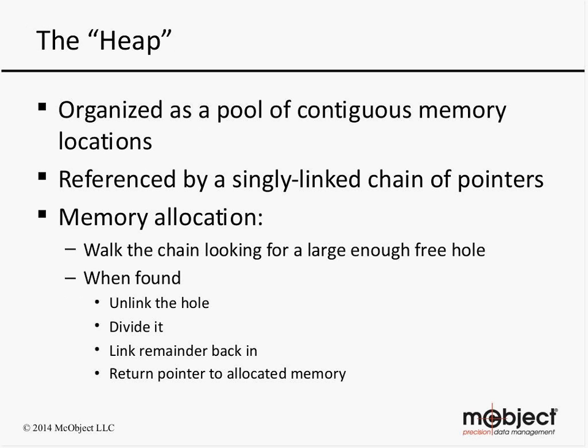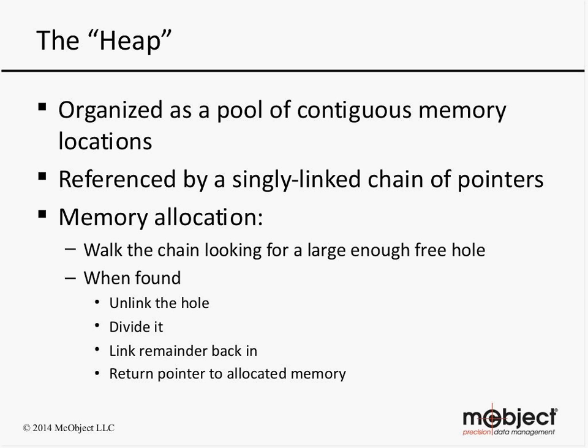Okay, so what's going on inside malloc is that the heap is organized as a pool of contiguous memory locations, which we also call free holes, that are referenced by a singly linked chain of pointers. The allocator services a request for memory allocation by walking that chain of pointers looking for a large enough free hole. When a free hole is located that's large enough to satisfy that allocation request, then it's unlinked from the chain.